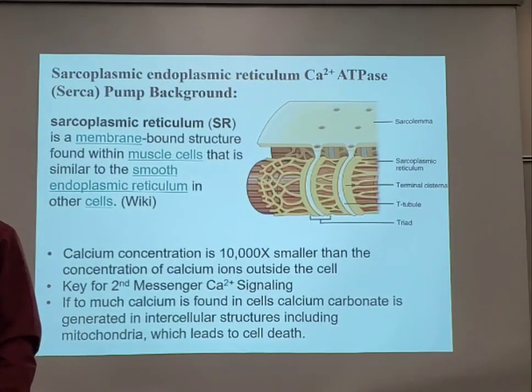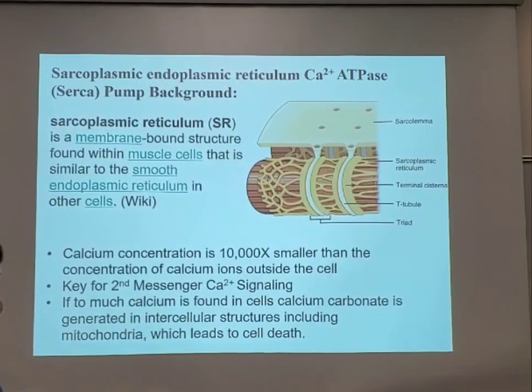Has it ever crossed your mind what happens when I put a calcium with a carbonate? This was in 105. It was something with solubility rules. Forms a solid. What happens with calcium and carbonate? I mean, does it form a solid? It forms a solid. In fact, seashells are made out of it. Limestone is made out of it. I'm making rock if I have calcium and carbonate next to each other.